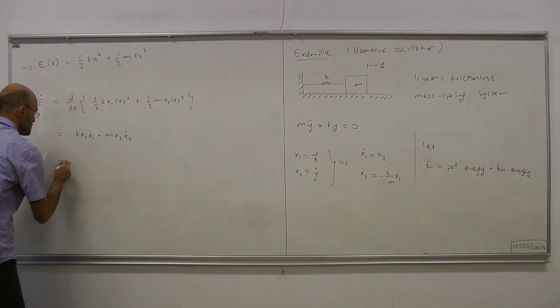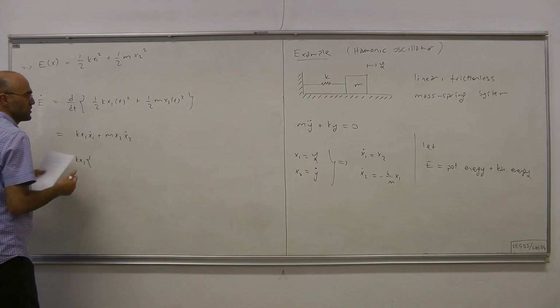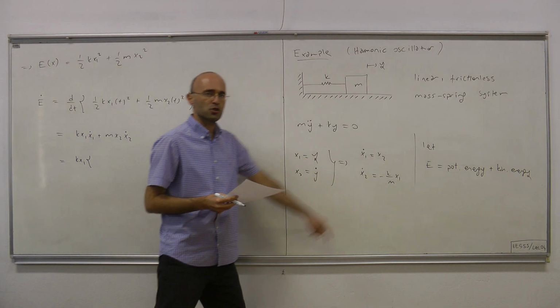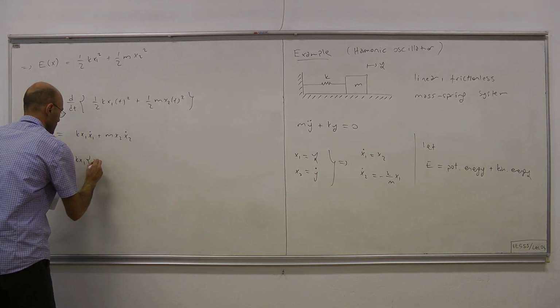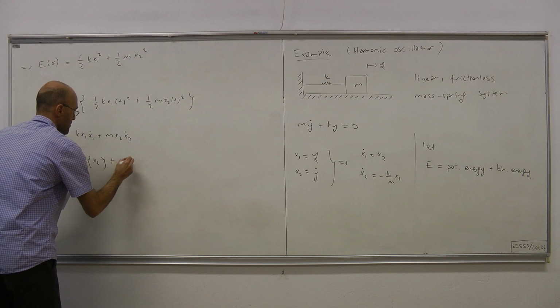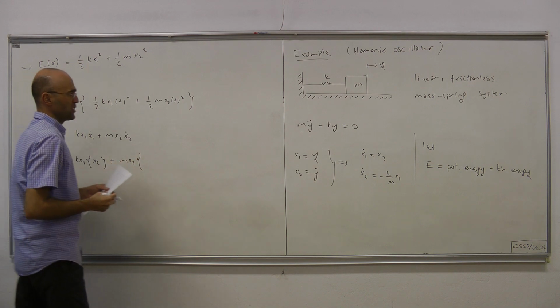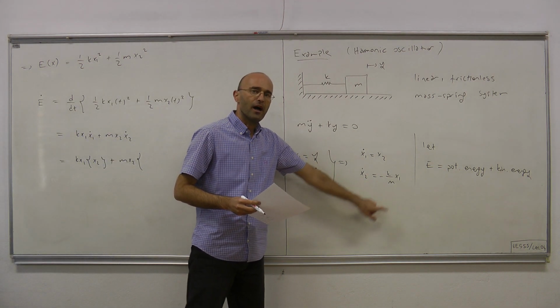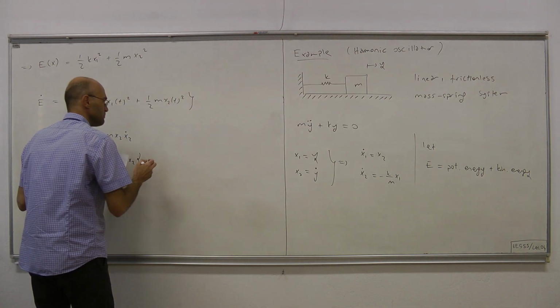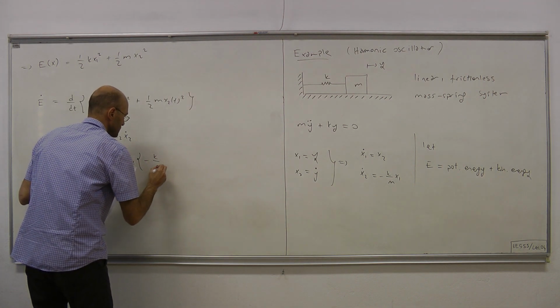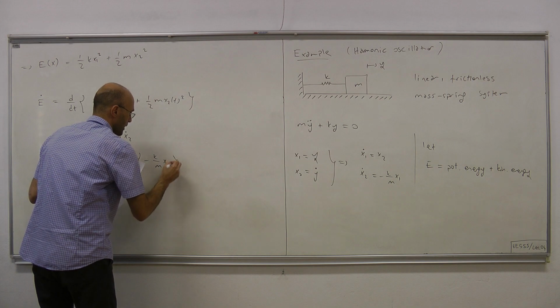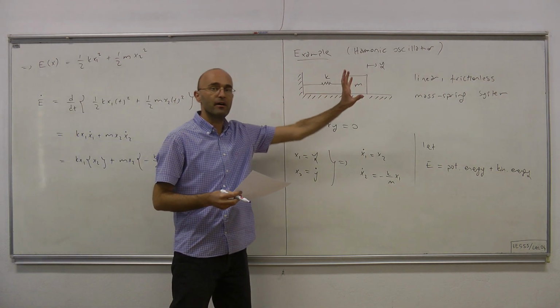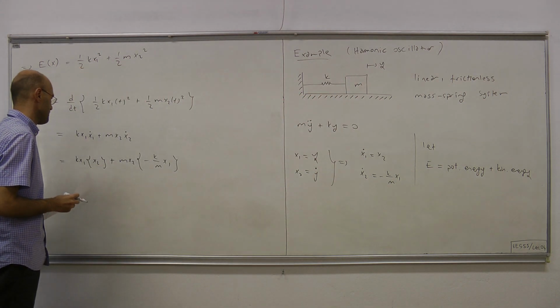So that equals k x1 times x1 dot, which is x2, plus m x2 times x2 dot, and x2 dot is minus k over m x1. Okay. By the way, k and m are positive constants.